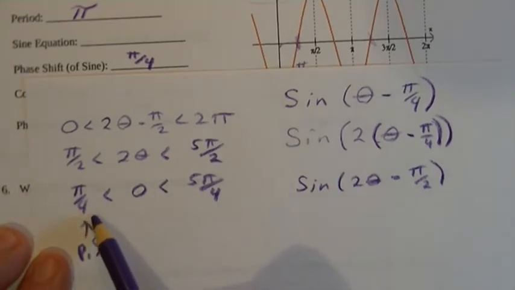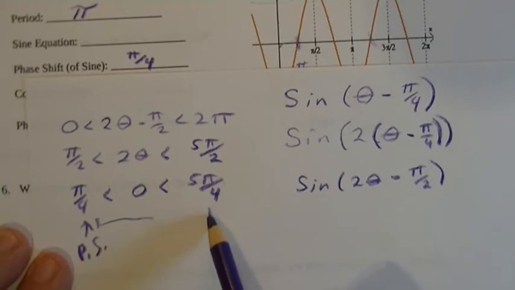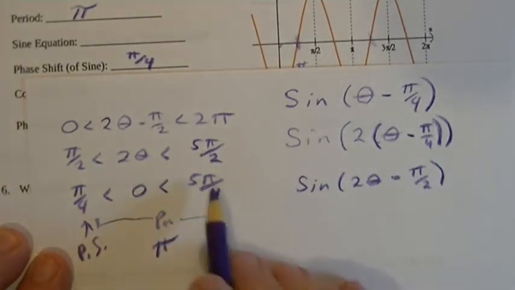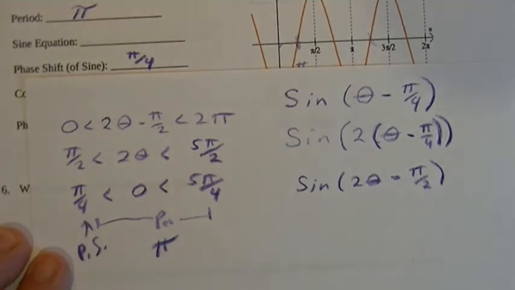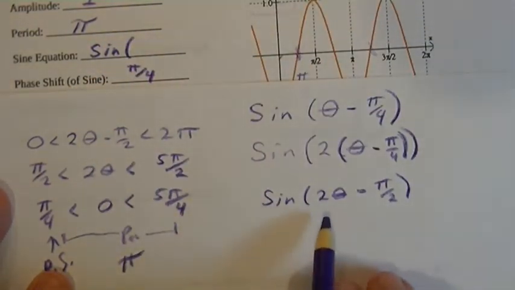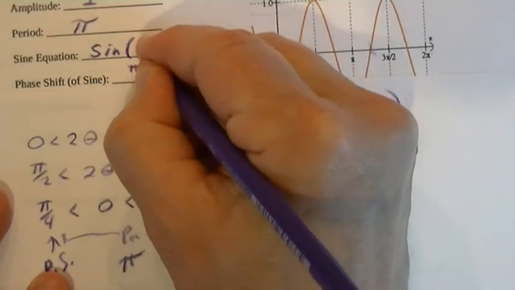The distance from here to here is our period, and that happens to be pi because 5 pi over 4 minus pi over 4 is actually pi. So this thing actually works out, which means that when we come over here, let's go ahead and write this in. We got sine, and I'm just going to write the 2 theta minus pi over 2.